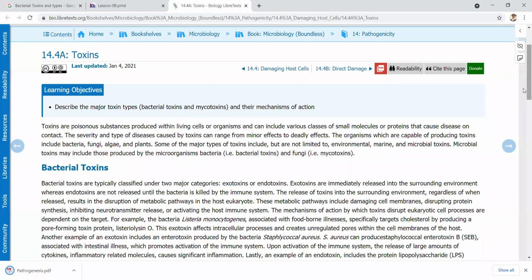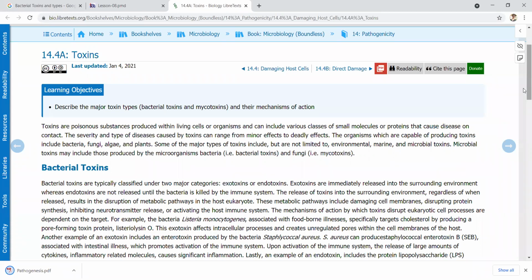For example, the bacteria Listeria monocytogenes. This particular bacteria is associated with foodborne illness. First of all, it will enter the body along with food. Most of the time, it enters a body along with milk.